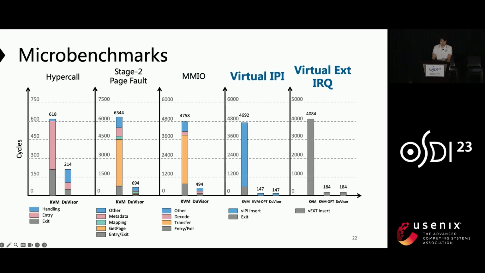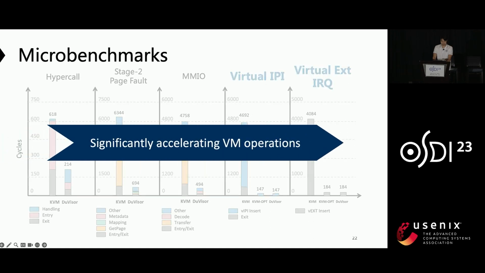For virtual interrupts, we also optimized KVM with the posted interrupt provided by the DV extension. So both KVM and Divisor's guests can issue virtual interrupts without VM exits, so they are equally fast. So we can see that Divisor greatly accelerates VM operations.